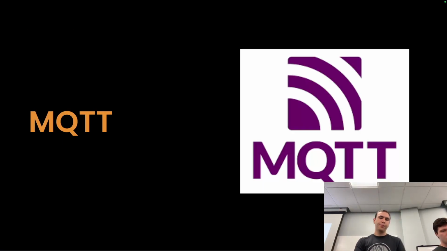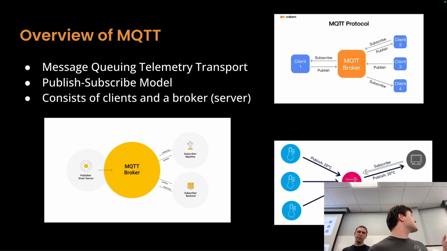And then, yeah, MQTT. This is the Message Queuing Telemetry Transport protocol, which is based on a publish-subscribe model. What the publish-subscribe model really is, is you have topics, and you'll have sensors and whatnot that publish data to these topics, and then you'll have different components that subscribe to that same topic.